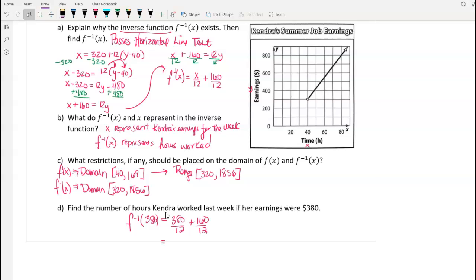When we stick it into our handy dandy calculator, we get a nice solid number of 45, which means Kendra worked 45 hours.